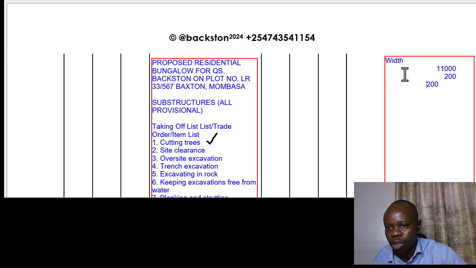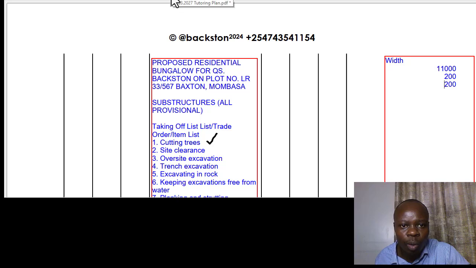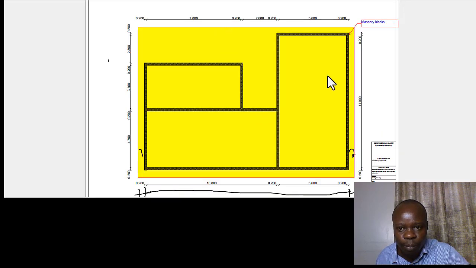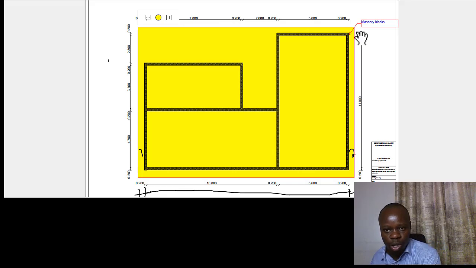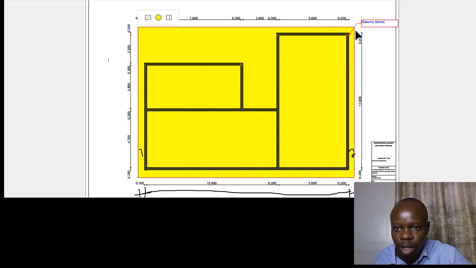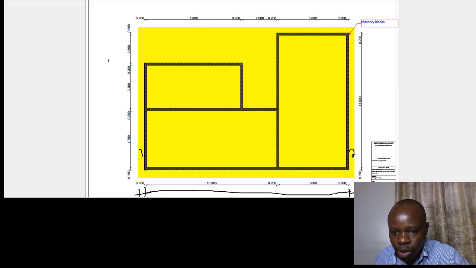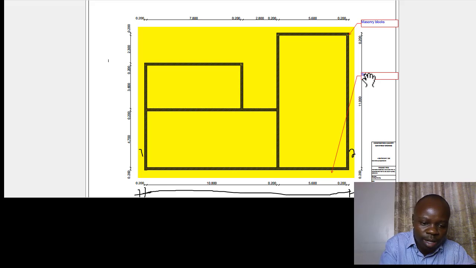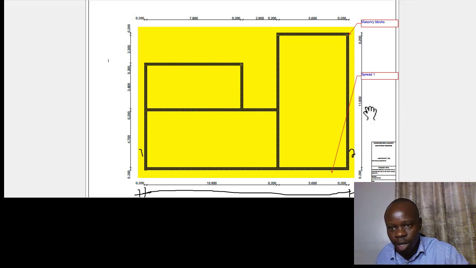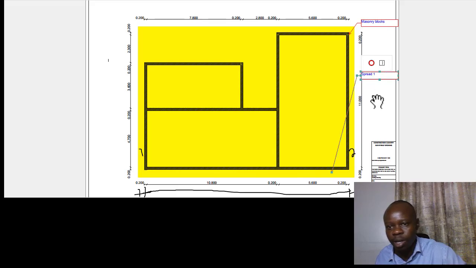So here we have another 200. If you are wondering where these 200 are coming from, this 200 here, one is at this point. Okay, those are walls, but then we've not yet added the spreads on both sides. So this is the spread that we are talking about in this part. So where the one that is pointed is spread 1, and then the other one at the top is also another spread on the opposite side of the extreme side of the wall.